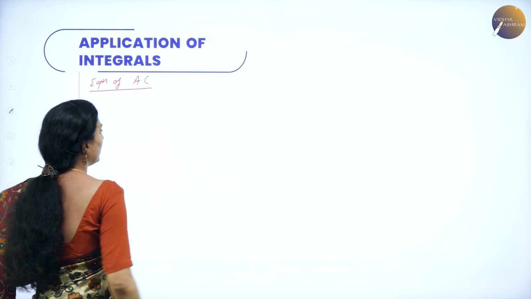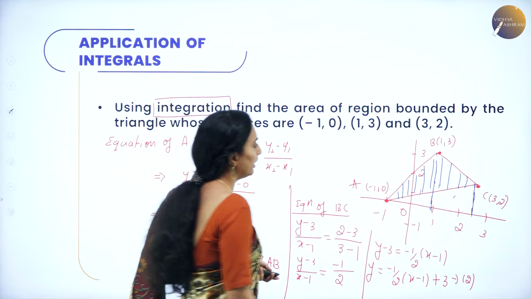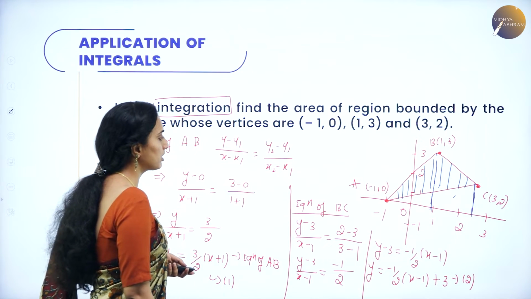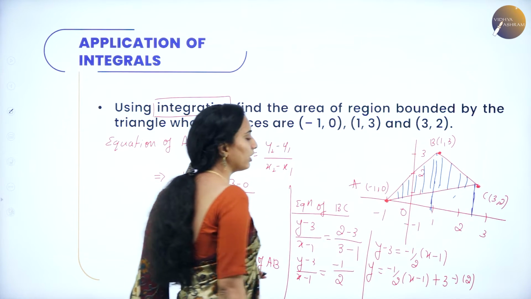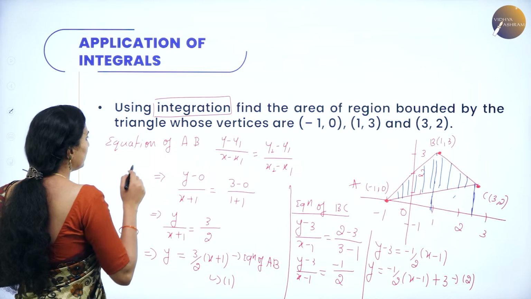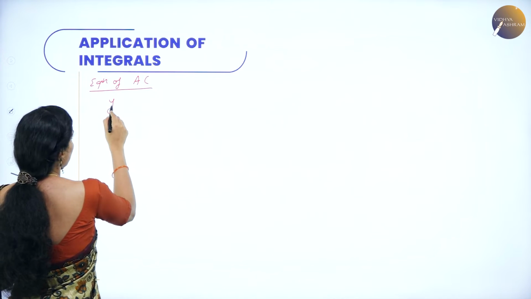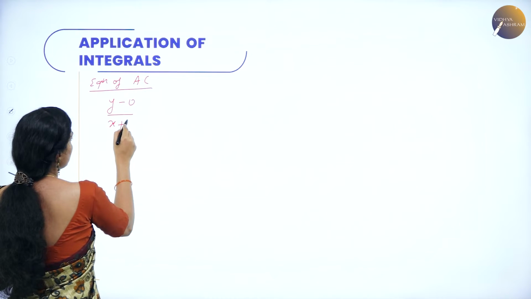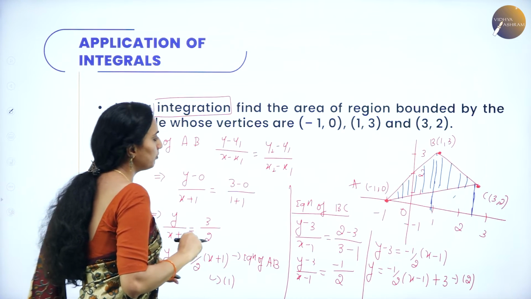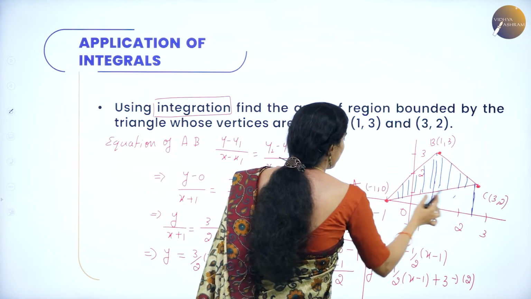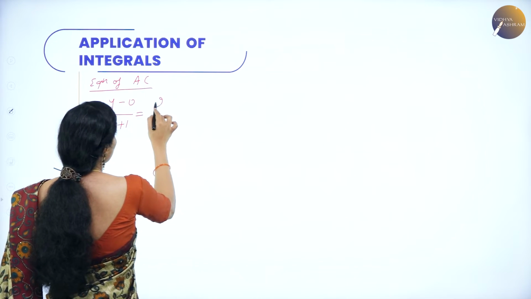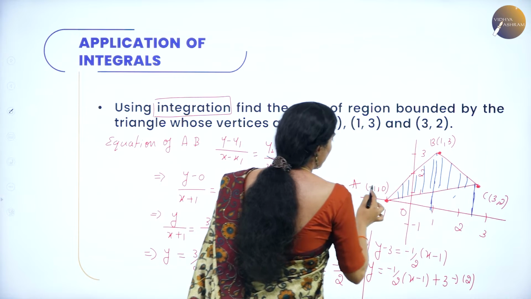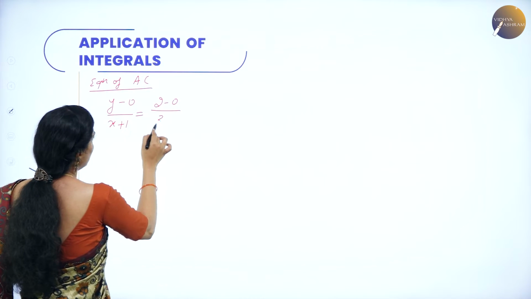So if I find the equation of AC, I can take this as CA or AC, x1 y1 and x2 y2. That is x1 y1 is minus 1 comma 0, x2 y2 is 3 comma 2. So let me use the formula. So y minus y1, which is y minus 0, divided by x minus x1, which is x plus 1, is equal to y2 minus y1, see here, 2 minus 0, divided by x2 minus x1, which is 3 minus of minus 1, so 3 plus 1.